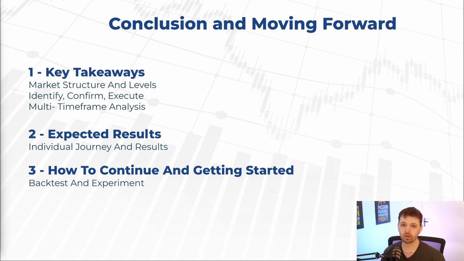Like for me, for example, what I do is I have the break and retest, and then I add Fibonacci levels, and I only take the trade if there's a break and retest on a horizontal level that also includes a specific Fibonacci level. Maybe you decide to add an exponential moving average and only buy the bounce if it happens on the 20 EMA or the 50 EMA or the 200 EMA or whatever.